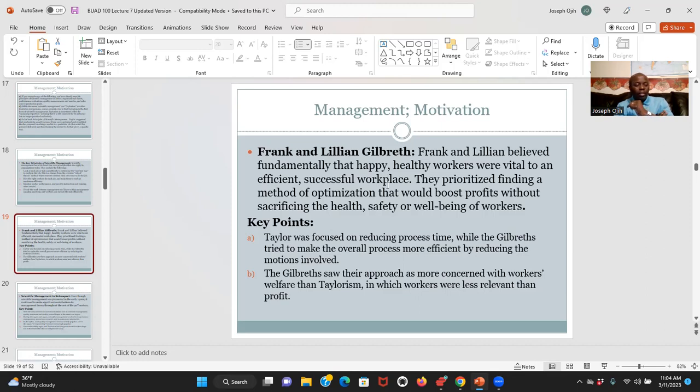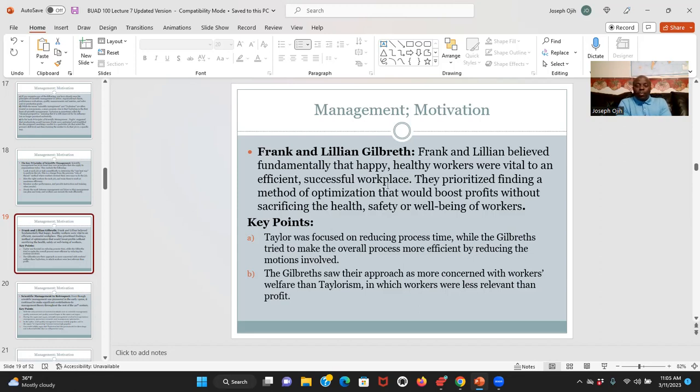The workers are the people that move the company, actually carry out the projects that will take the company from point A to point B. So you should not push them to a point where it becomes too dangerous to their health or safety or their general well-being.